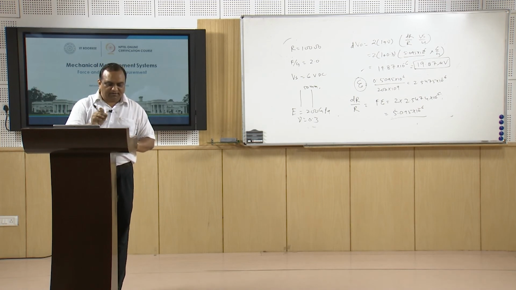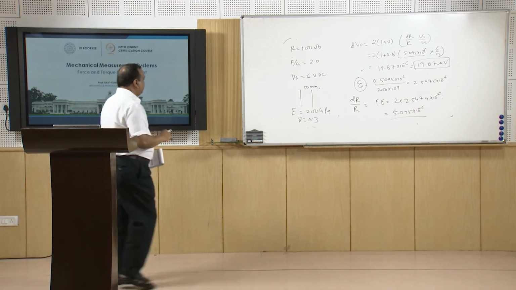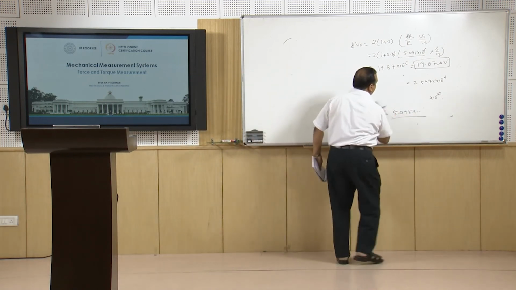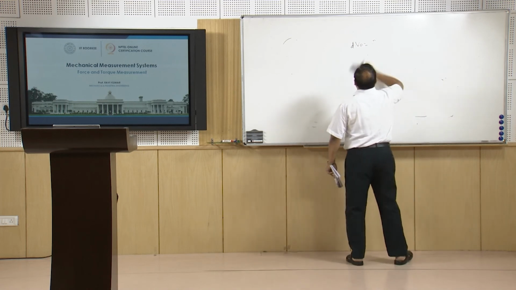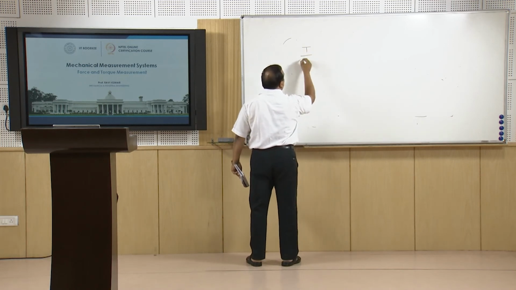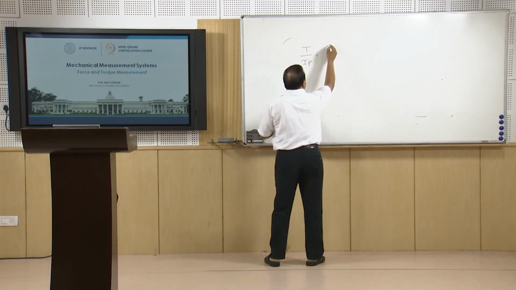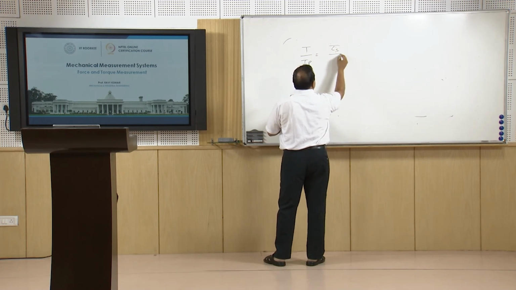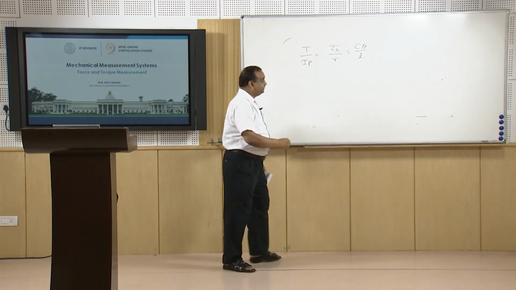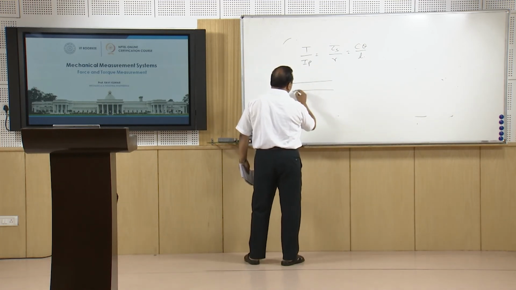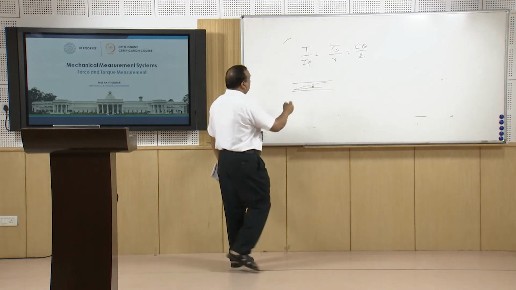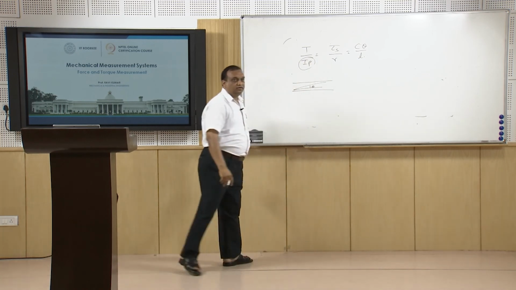For the torque measurement, the governing equation is T by IP, this is the governing equation, is equal to shear stress upon R is equal to C theta over L. L is the length of the shaft, theta is the angle of twist, R is the radius of shaft, IP is polar moment of inertia, right?